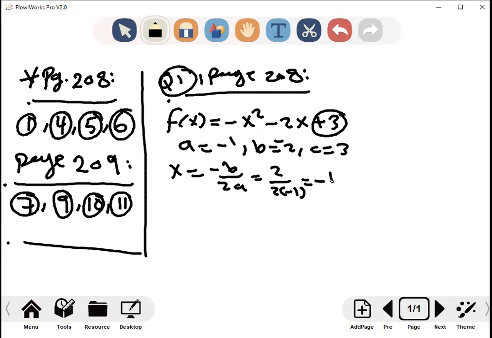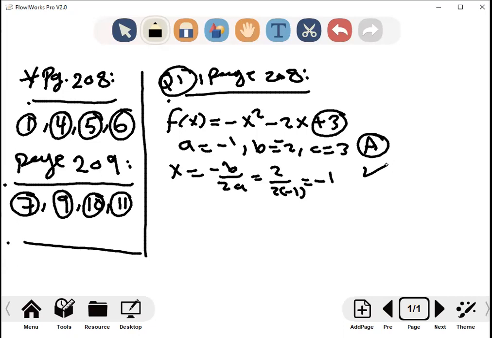In part B, the vertex is at x equals 1, but in part A, the vertex is at x equals minus 1. So no need to continue; you have enough information to know the graph. So part A is the correct solution. Done with question 1?